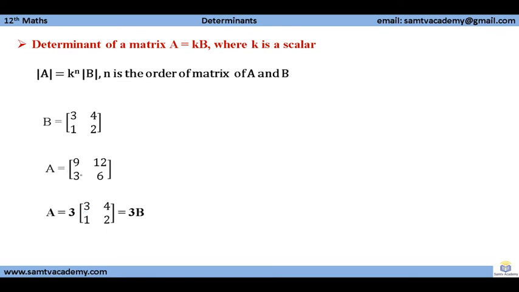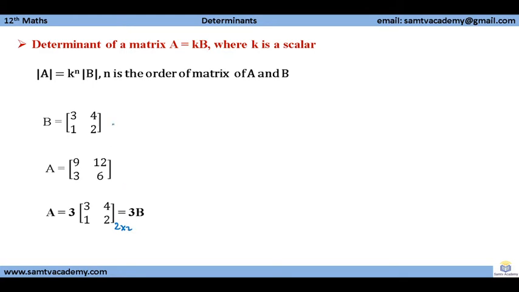Suppose this is A and this is B, and we are multiplying all the elements with 3, so 3 gets common, and finally the matrix A is 3B. But that is not the determinant. If we talk about the determinant, because it is a 2 by 2 matrix, the value of the determinant should be 3 square.